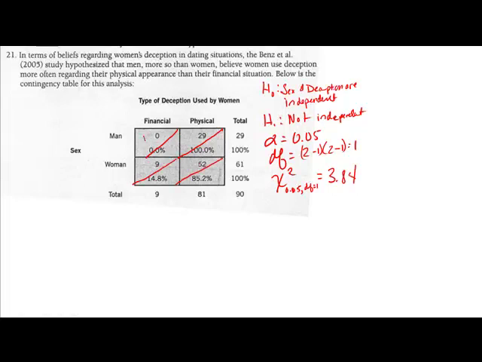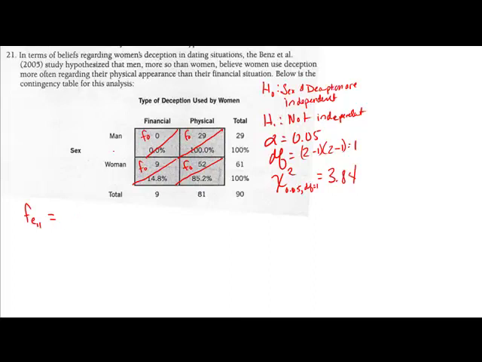Okay. We're given the frequency observed, and we have to calculate the frequency expected. Now remember, in order to do this, we're filling in the cells and figuring out how much is expected. The frequency expected for row 1, column 1 is equal to the row total times the column total of these numbers.